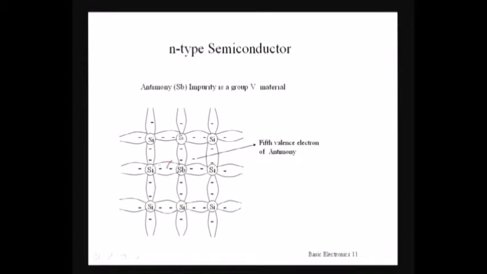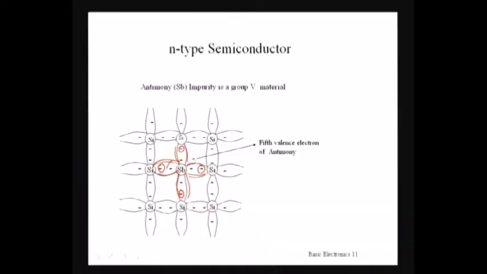These are the silicon outermost orbit electrons. And now, as we have added 1 antimony atom which has 5 electrons in the outermost orbit, it will be sharing these electrons with the silicon atoms. So these covalent bonds will be completed. 4 and 4, 8 electrons are there, so these covalent bonds will be completed.